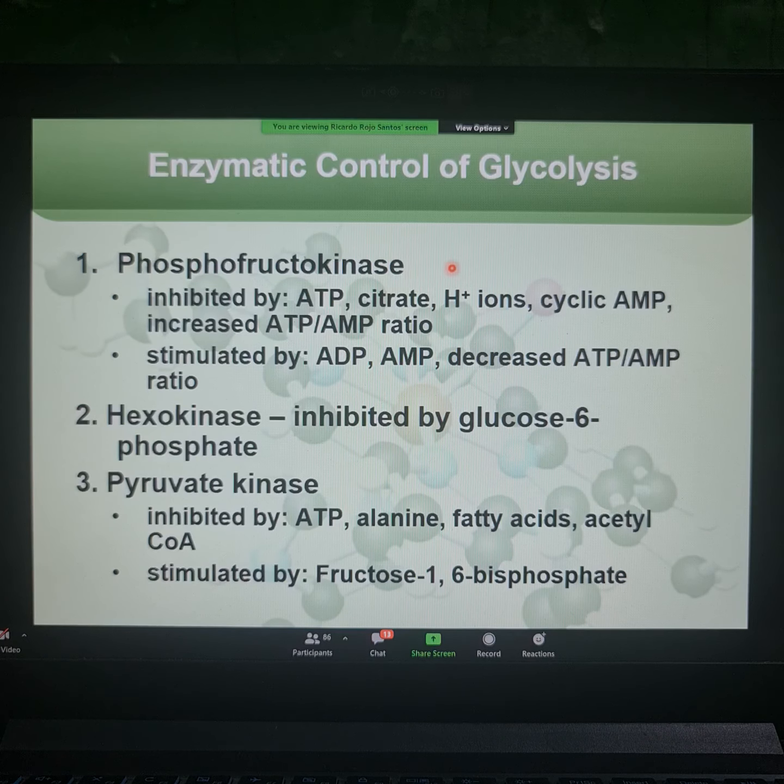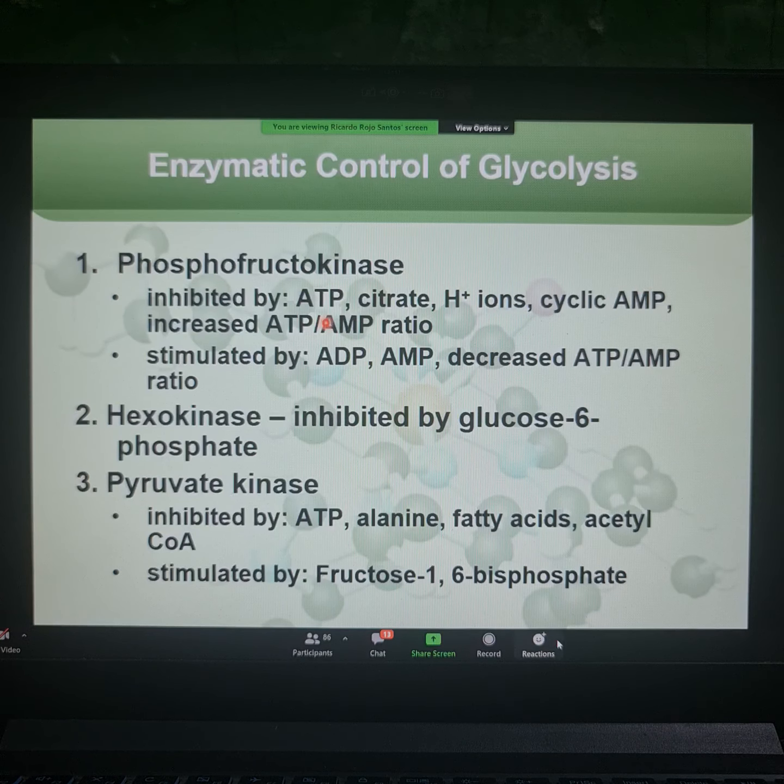Phosphofructokinase 1, the rate-limiting enzyme, is inhibited by ATP, citrate, hydrogen ion that is present in NADH plus H, and cyclic AMP, and increased ATP/AMP ratio. Remember all these.